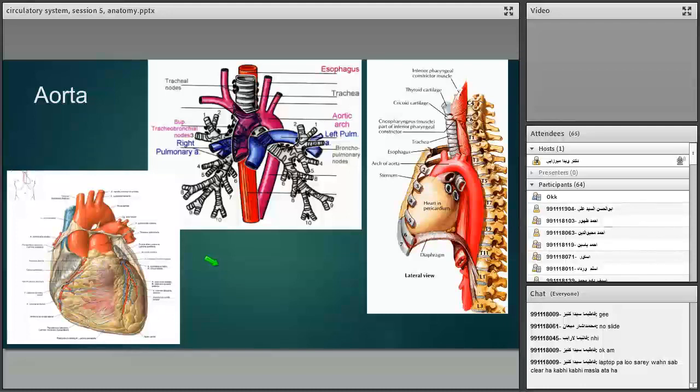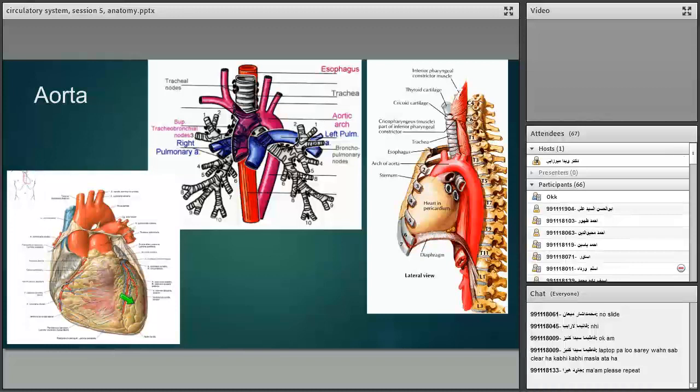Now, let's see the aorta. We have said that the pulmonary trunk starts from the right ventricle, and the aorta, which is one of the biggest vessels of the body, starts from the left ventricle.